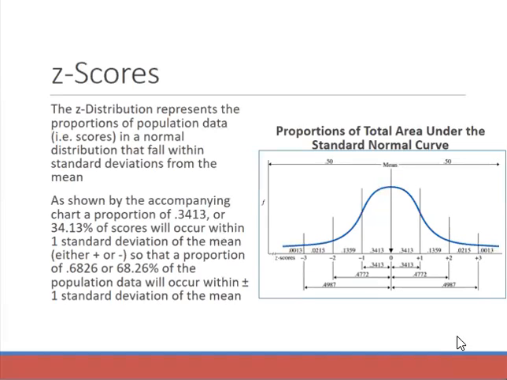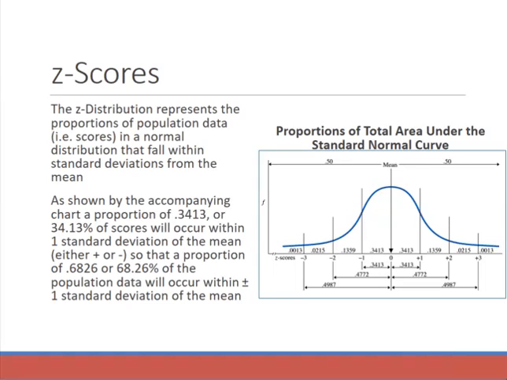So the z-distribution represents the proportions of population data, so the proportion of scores in a normal distribution that fall within a given number of standard deviations from the mean. Okay, so these are always the same because we're standardizing to z.